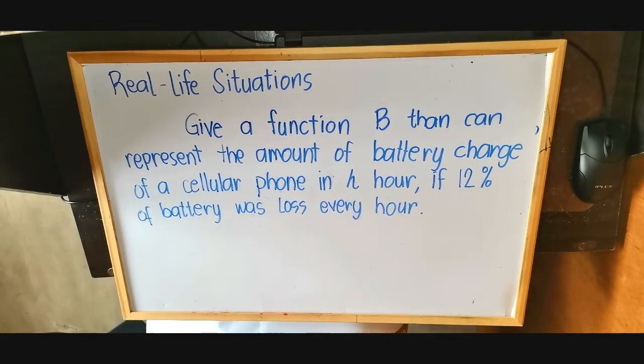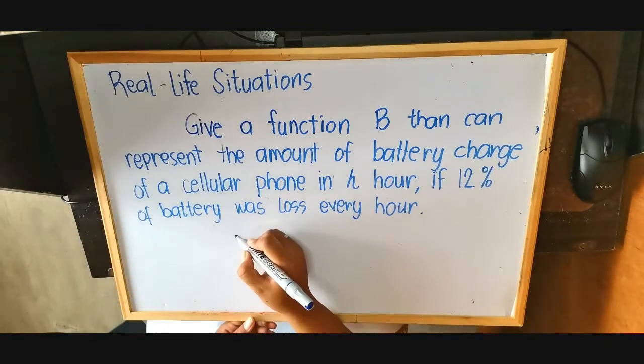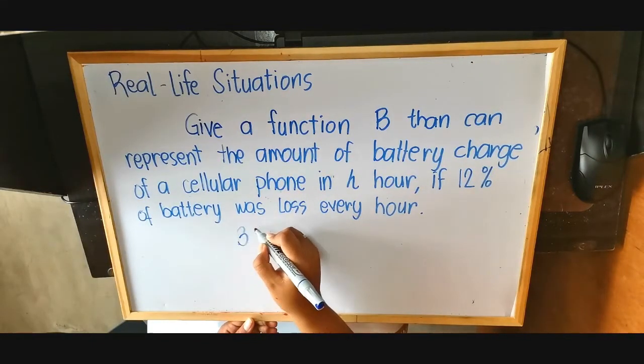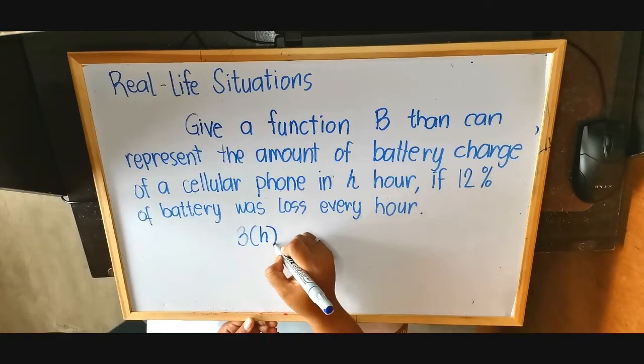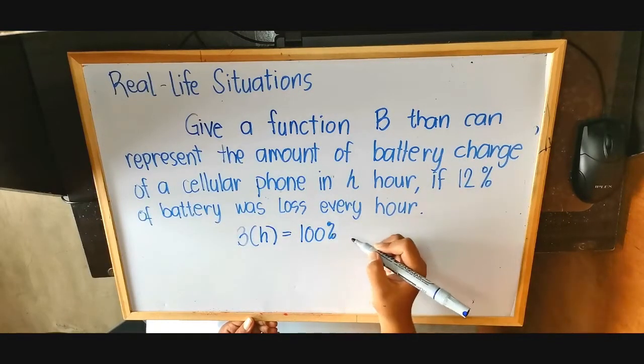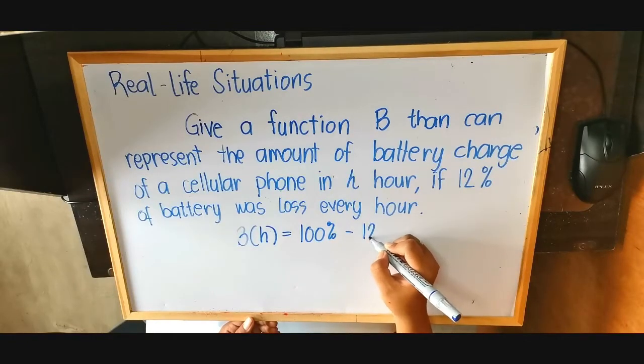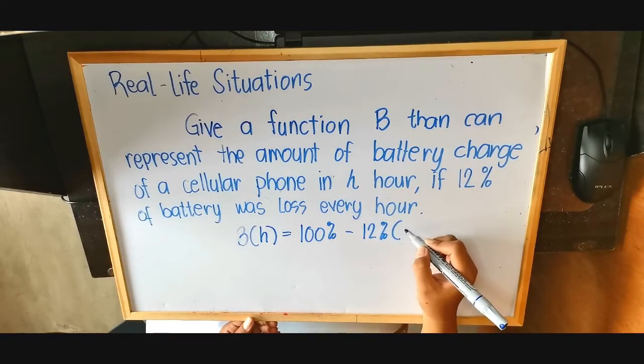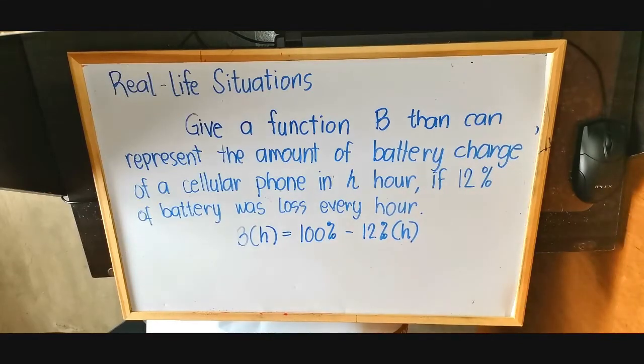So, how can we give that function? So, we have b of h is equal to 100% minus 12% multiplied by h. Okay.